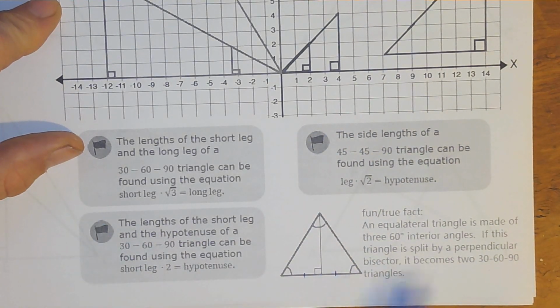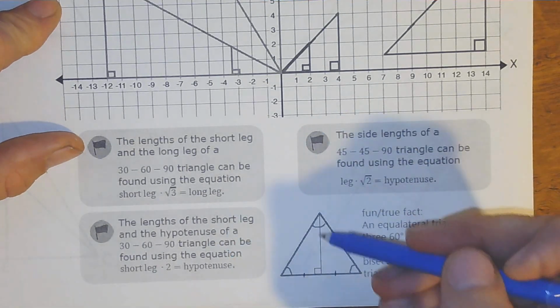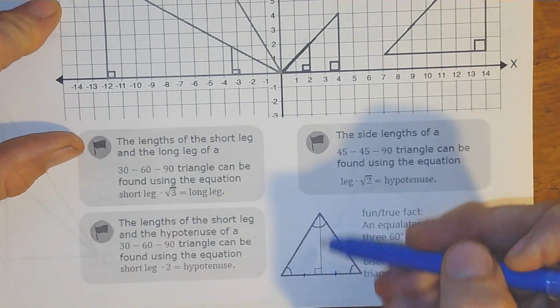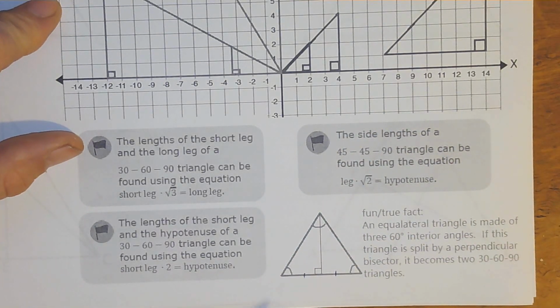So it would become 2 30, 60, 90-degree triangles, and this is now half of that, which is kind of cool, right? That is something that is going to come into play tomorrow, and something you may see a lot of in problems, so that'll come in handy.